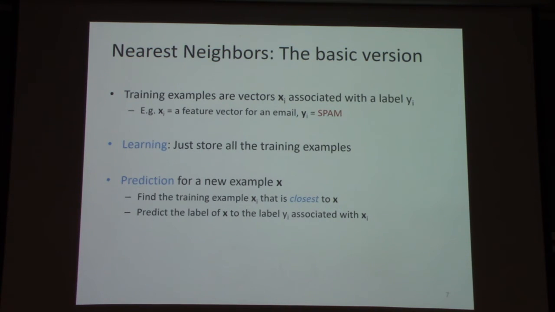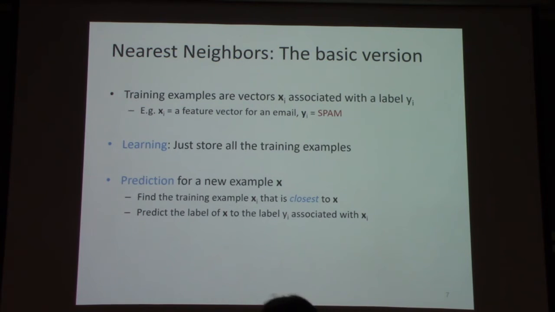You have points associated with labels. You have XY pairs. That's your training set. This is the easiest learning algorithm you can ever think about. The learning algorithm is the following. You read the data and put it in memory. Done. That's it.